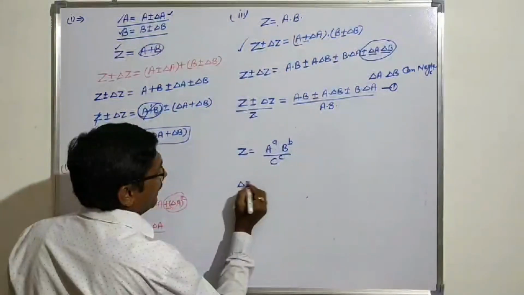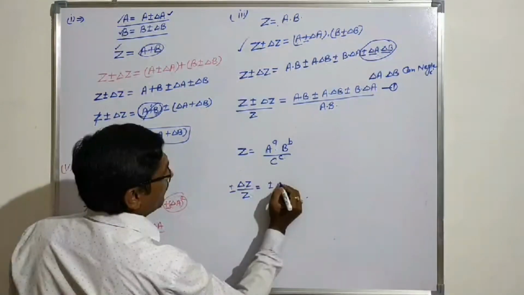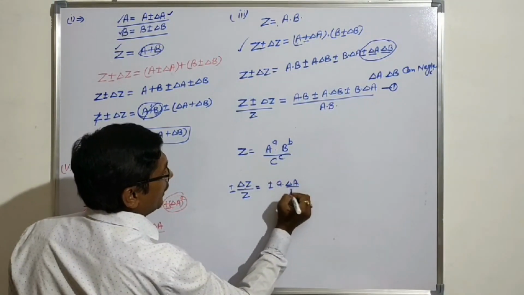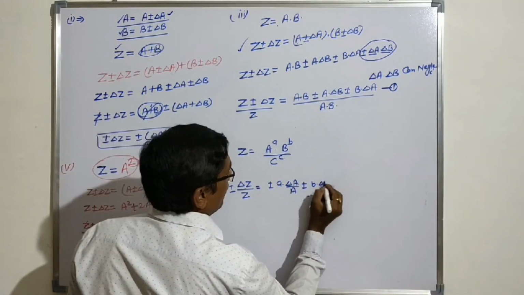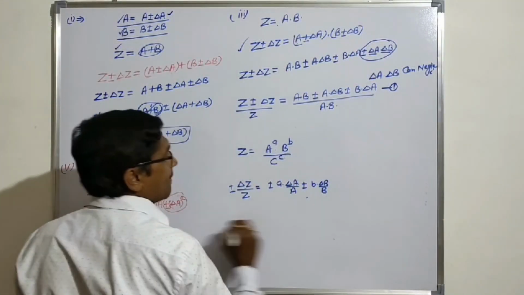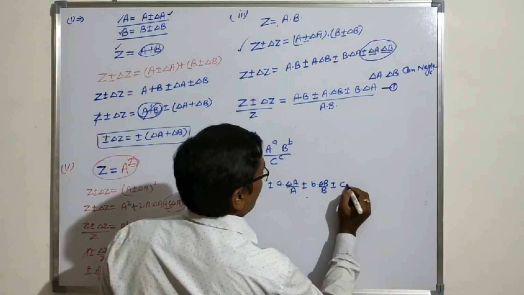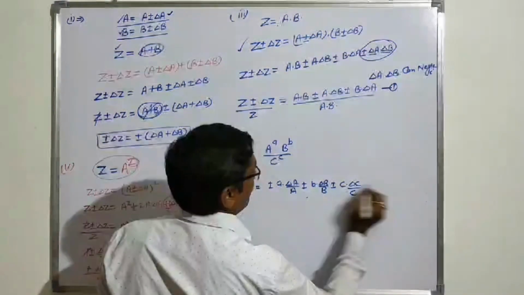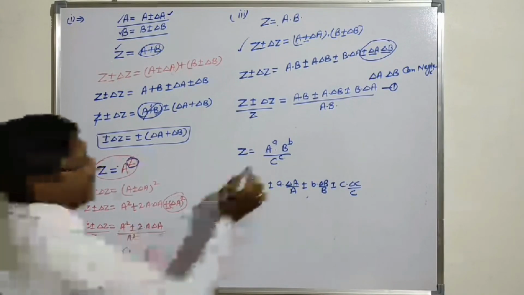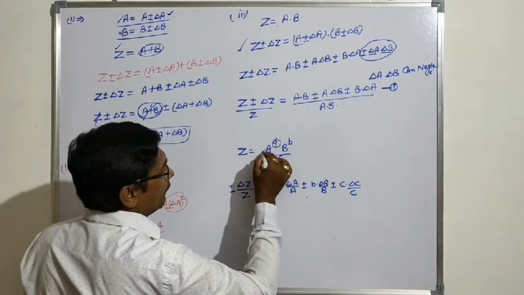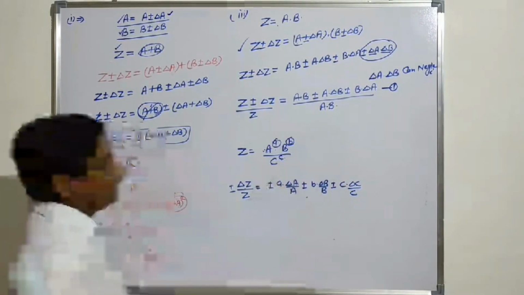So the formula of error is del z by z equals plus or minus a del a upon a, plus b del b upon b, plus c del c upon c. Look here, this power is multiplied to the error of this value, and then b is multiplied by the error of b, and c is multiplied by the error of c.